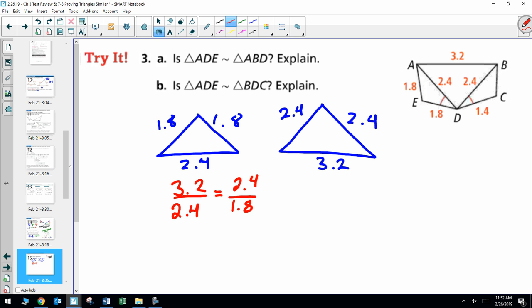You just don't have to write it twice because it's the same thing. And if I do that, 3.2 over 2.4 is going to give me 1.3 repeating. And 2.4 over 1.8 is going to give me the same thing.